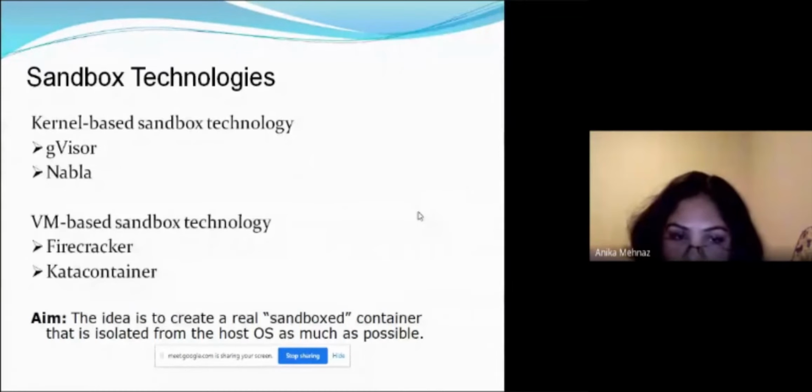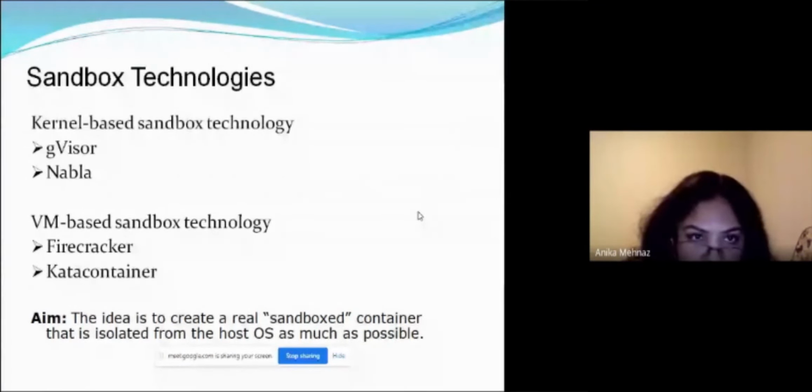These two protect the containers based on their virtual machine architecture. All these sandbox technologies share one aim, which is to create a real sandbox container that is isolated from the host operating system as much as possible, which I talked about earlier.